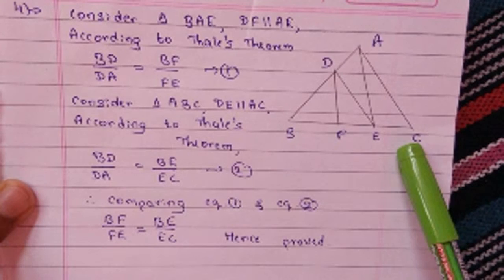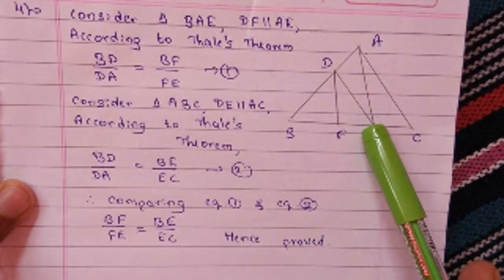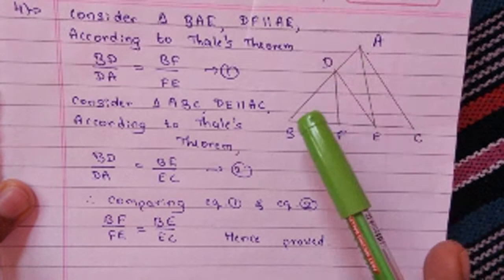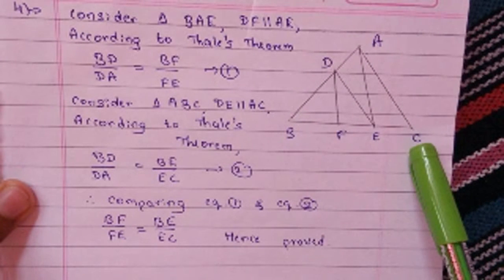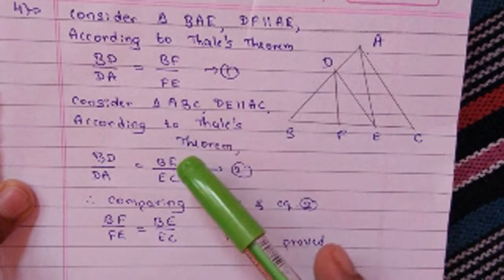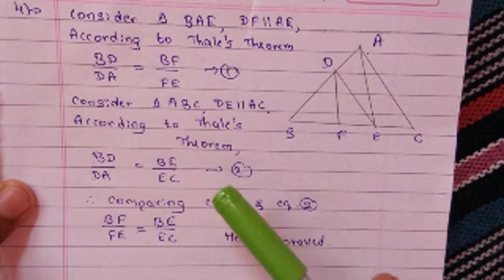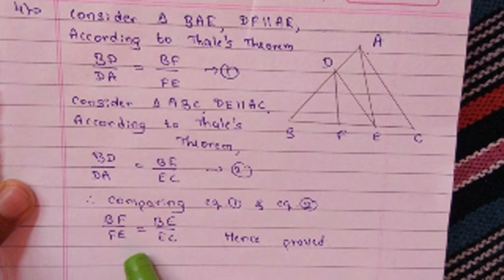In triangle ABC, DE is parallel to AC. That's why it becomes BD divided by DA, that is equals to BE divided by EC. When we compare equation 1 and 2, because both the left hand side are equal, it becomes BF divided by FE, that is equals to BE divided by EC. So this is the solution of first problem.